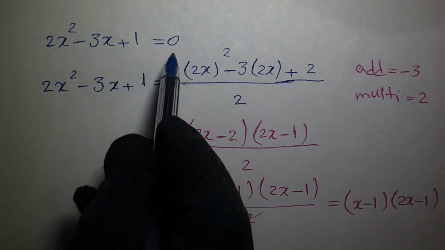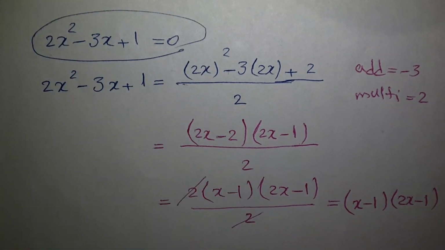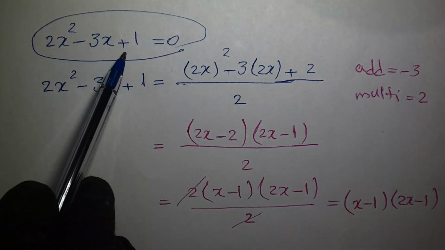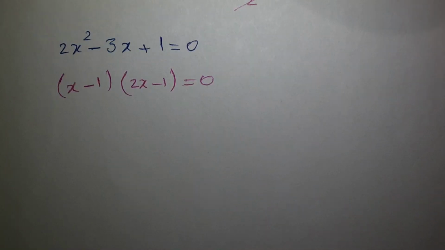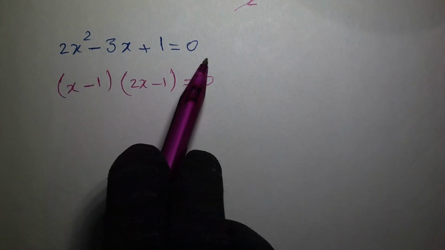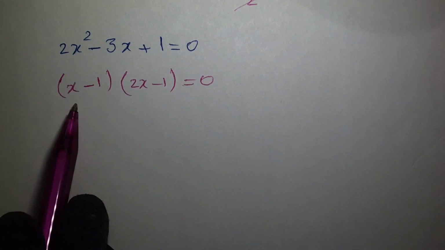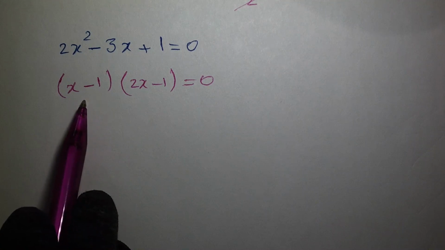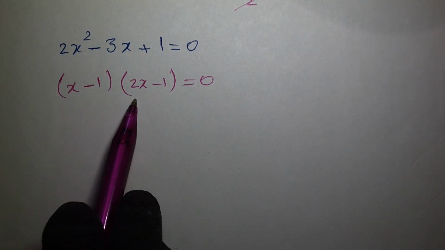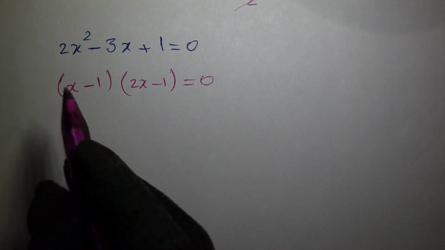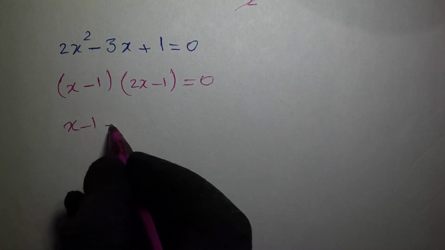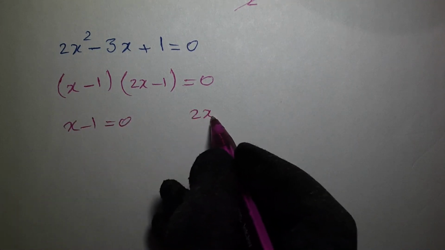So in this equation, instead of 2x squared minus 3x plus 1 on the left side, you can write x minus 1 times 2x minus 1. So instead of 2x squared minus 3x plus 1 equal to 0, I rewrite it in factored form, x minus 1 times 2x minus 1 equal to 0. Now if I use the zero product property, x minus 1 is 0 or 2x minus 1 is 0.